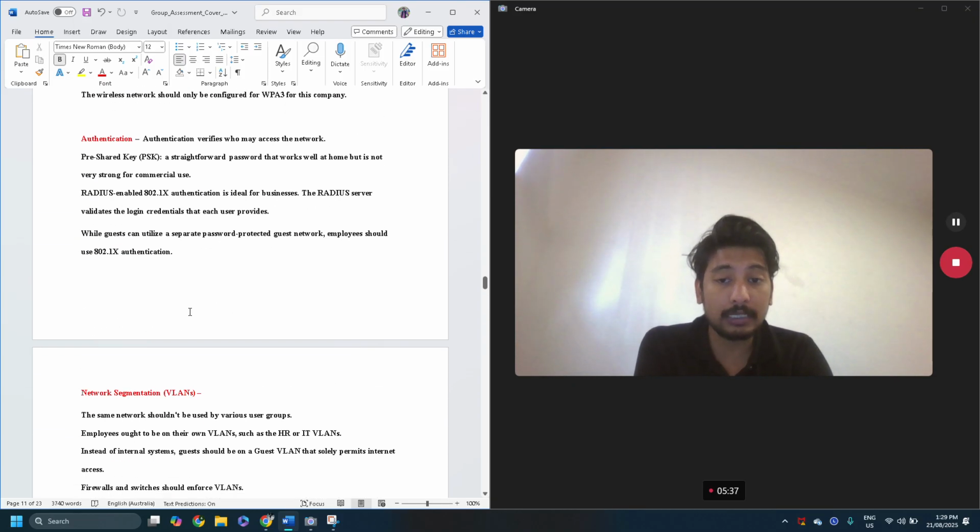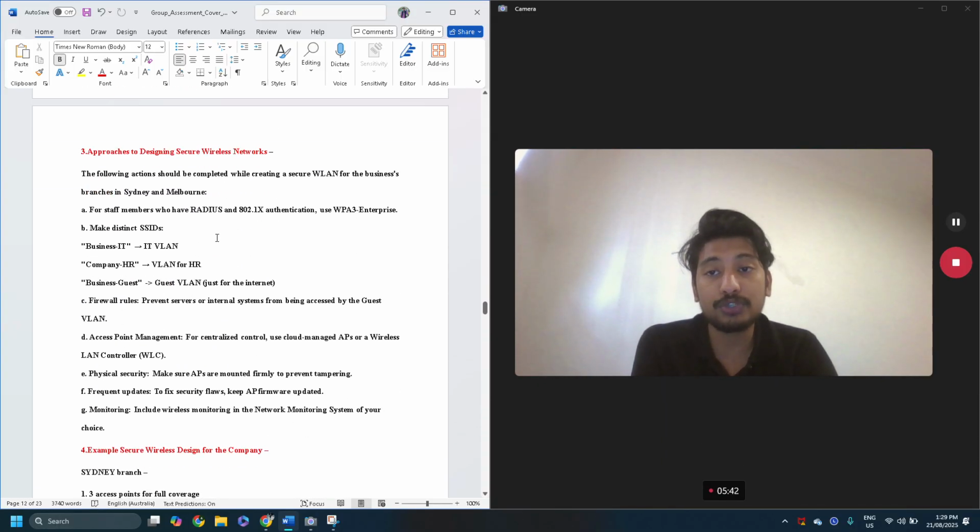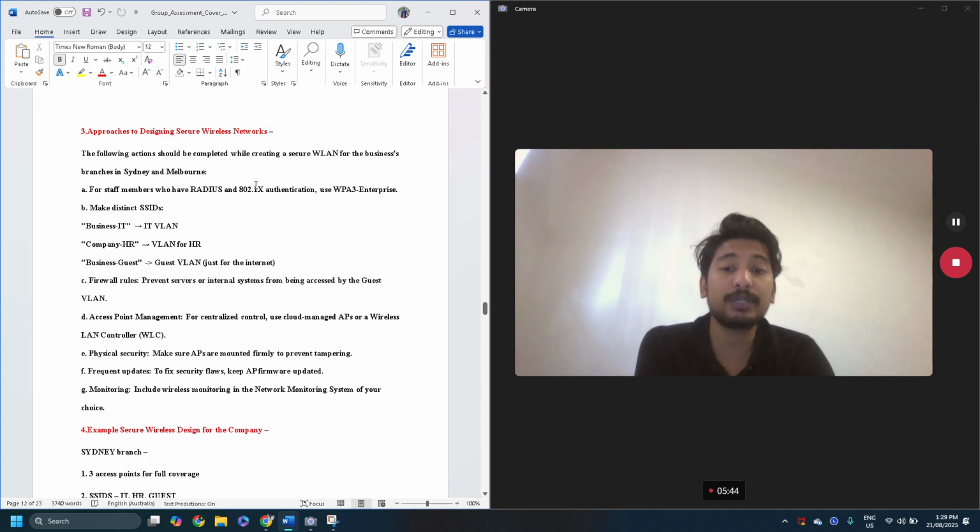So here are the approaches to designing and securing wireless networks. We have to use WPA3 Enterprise and VLAN segmentation, for staff and guests.